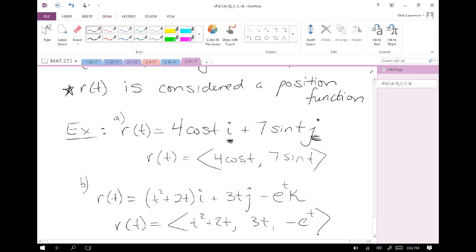And we can see it written in either format, does not matter. They're interchangeable. But we've got a vector whose components are functions of t.